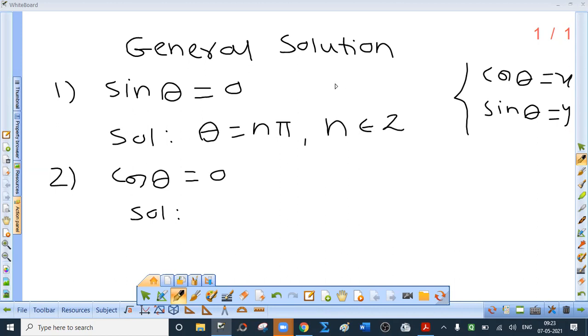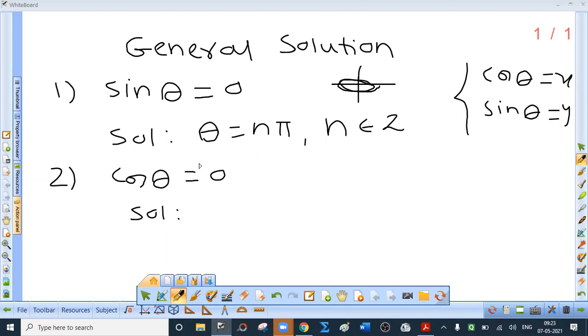So for these angles, 0 degree, pi, 2 pi, 3 pi, 4 pi, all these angles, sine ratio is 0. So the general solution is theta equal to n pi.